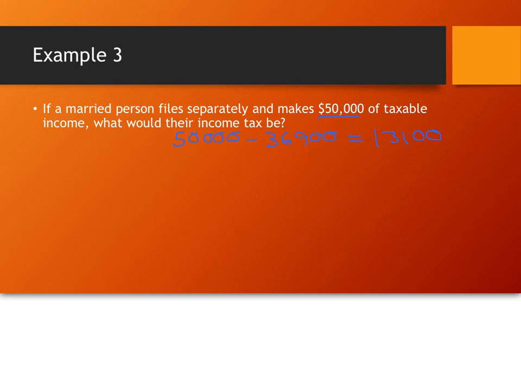Okay? So what the tax tells me to do is take $5,081.25 and add on 25% of the excess above 36,900. So that's what my 13,100 is. Now, this all should be very familiar right now.